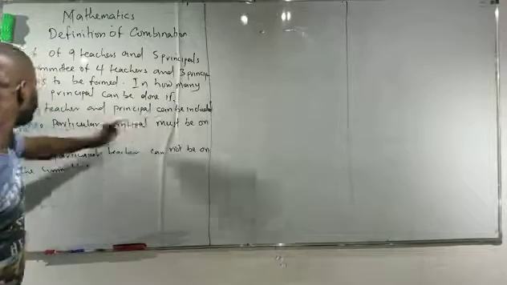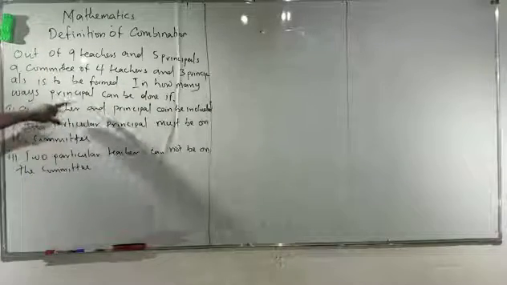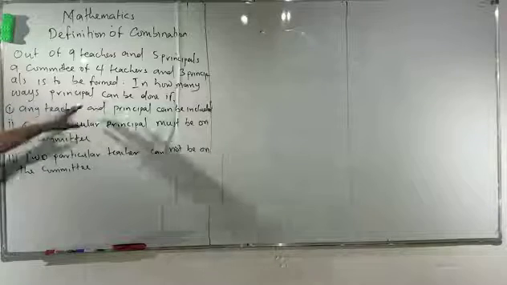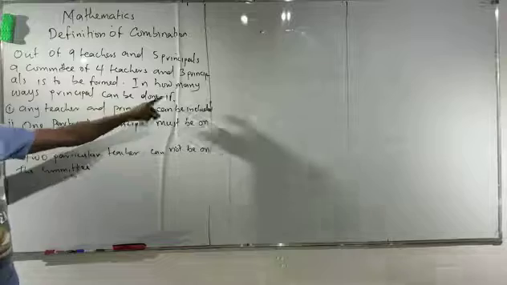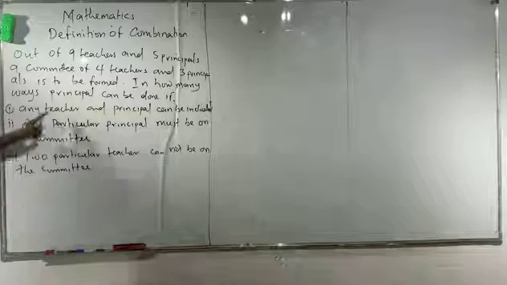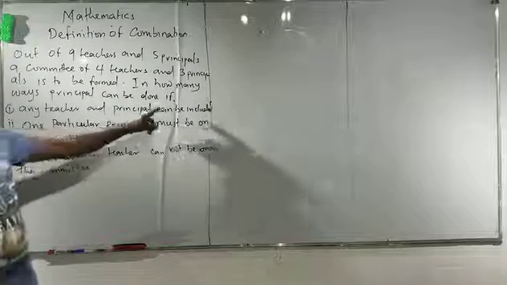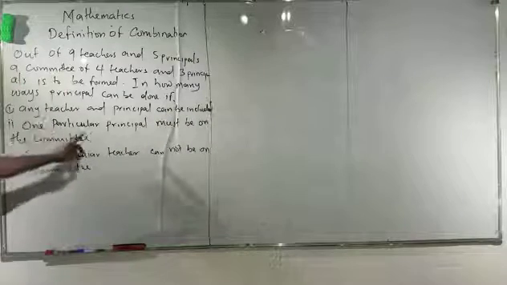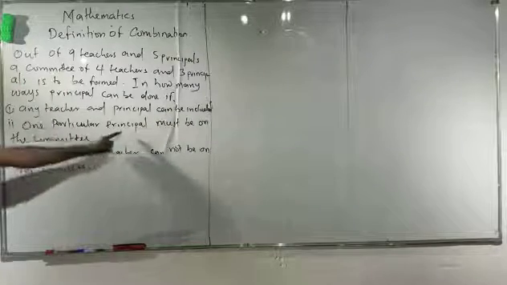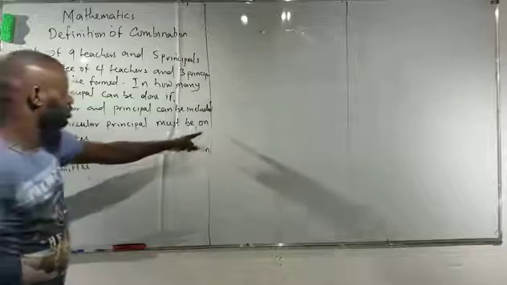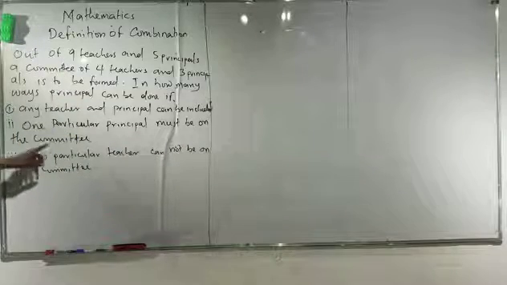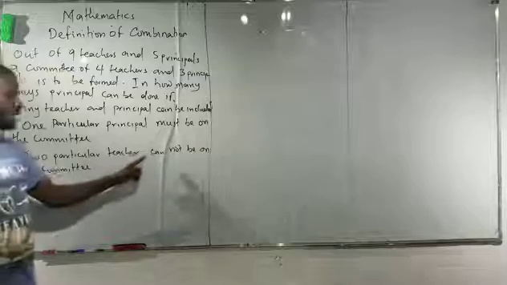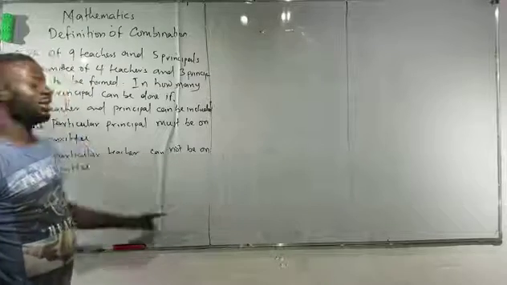In how many ways can this be done if, number 1, any teacher and principal can be included; 2, one particular principal must be on the committee; 3, 2 particular teachers cannot be on the committee.